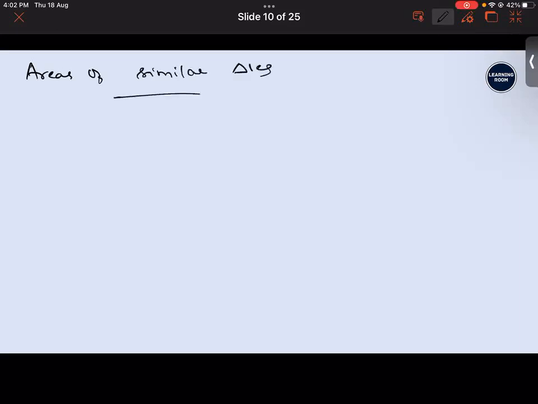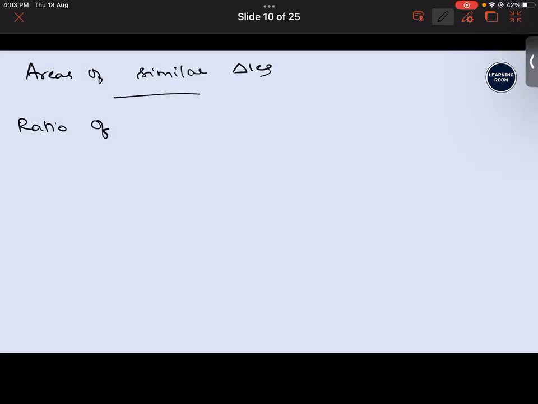Now see, areas of similar triangles. So what does the statement tell you? So what does it state? Read the statement. If it is deleted, better you make a note of it.